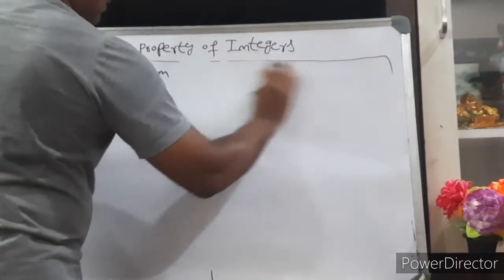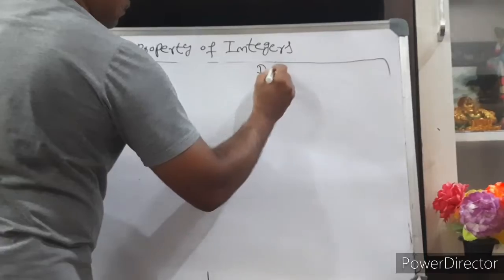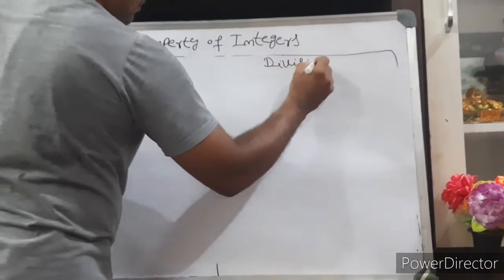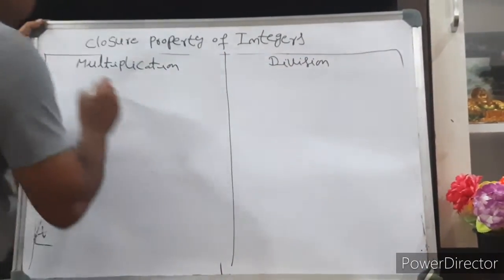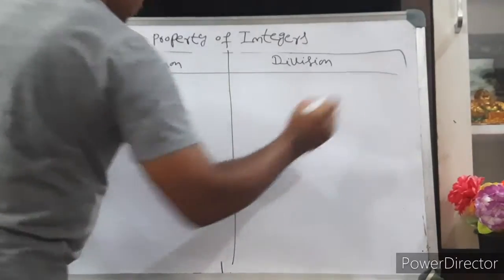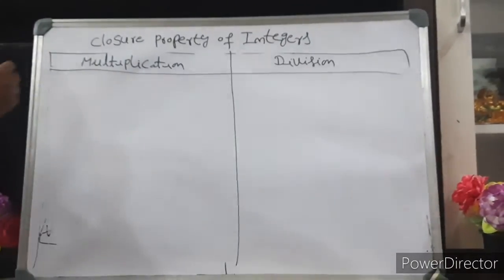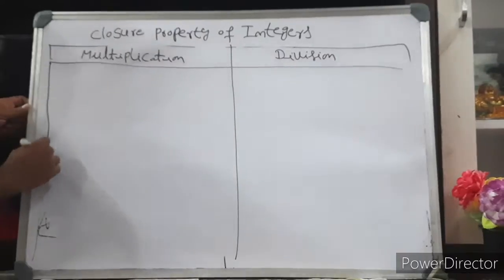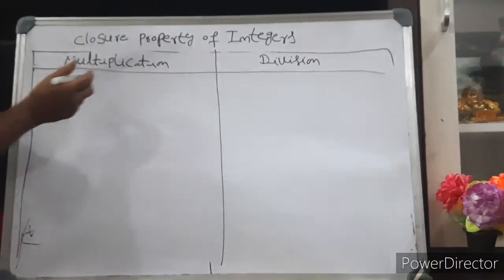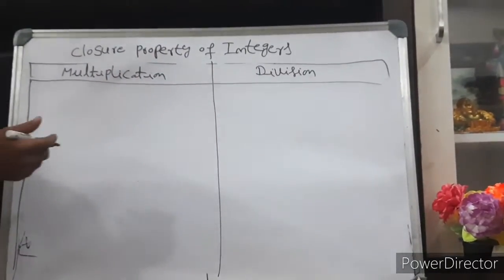And under division. So what is the closure property under multiplication? Multiplication, the result is a product.